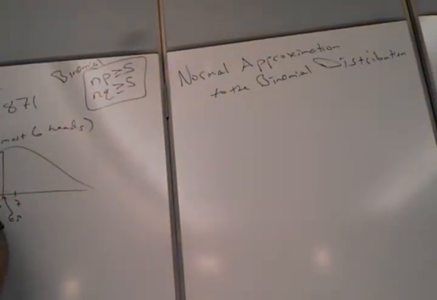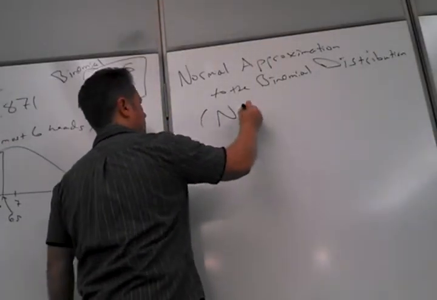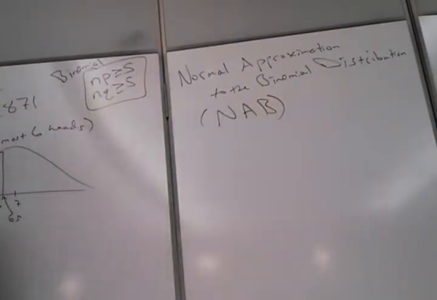So I call this the NAB for short. When you see me say use the NAB, and I will do that because I'm a nice guy nowadays, I didn't used to when I started teaching stats, but then I realized I pretty much had to, it means you have to use a continuity correction.